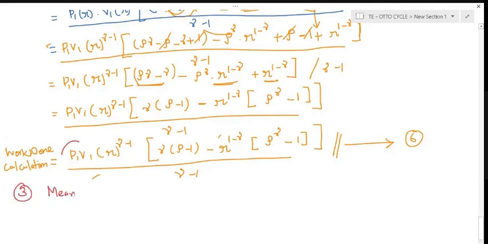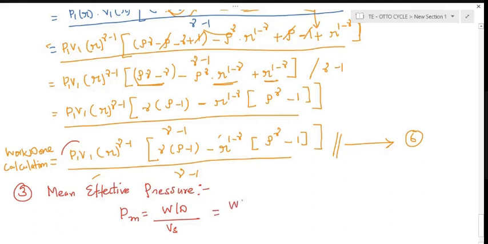mean effective pressure. The general formula for mean effective pressure we already know, which is nothing but work done divided by stroke volume or swept volume, which is V1 minus V2.